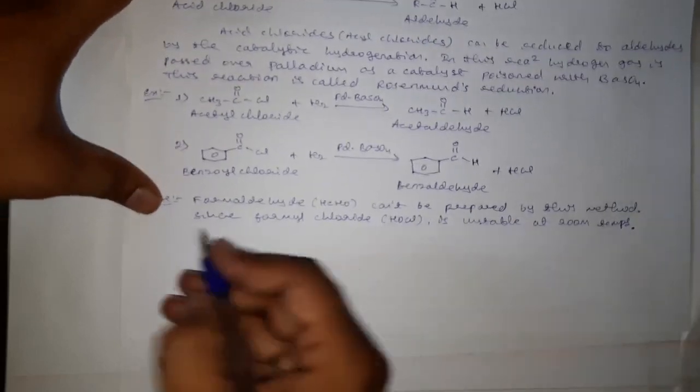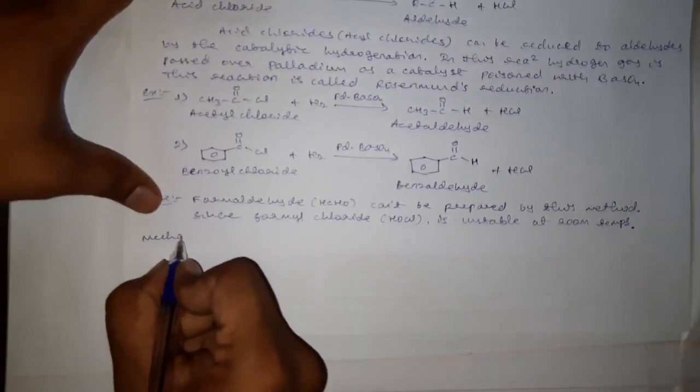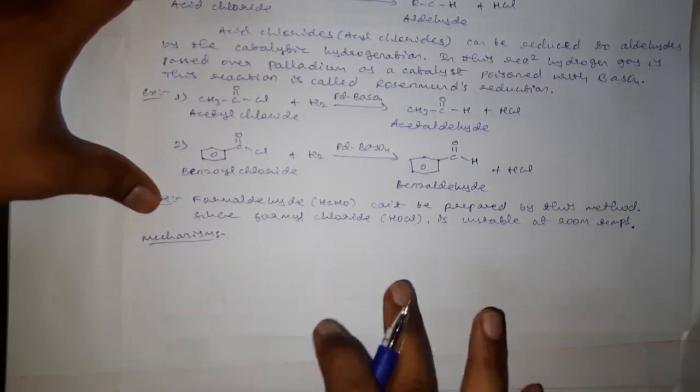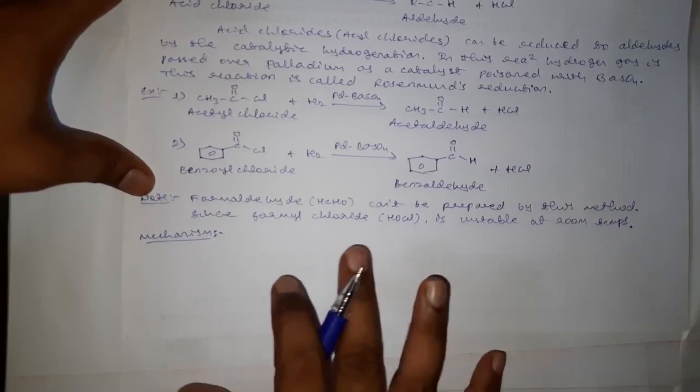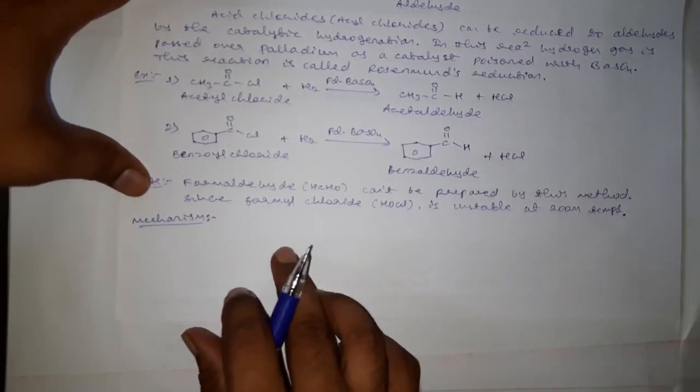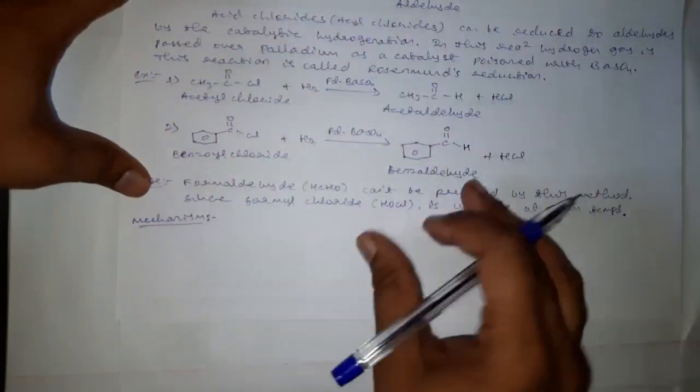Then coming to the mechanism, it is not necessary to memorize or practice this one, but just for knowledge purpose, we are discussing the mechanism of conversion of acid chlorides into aldehydes.